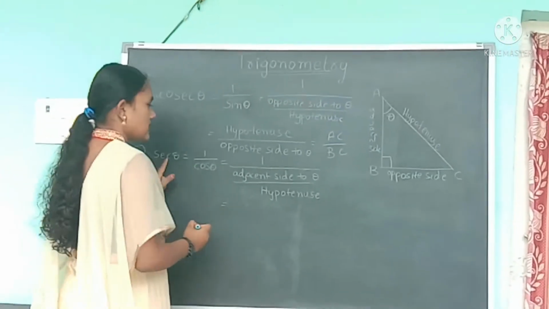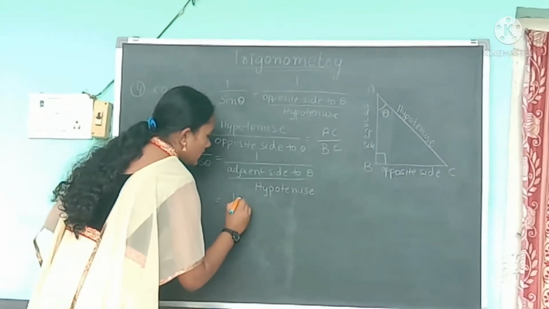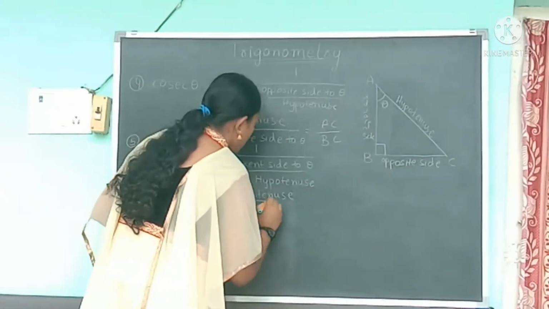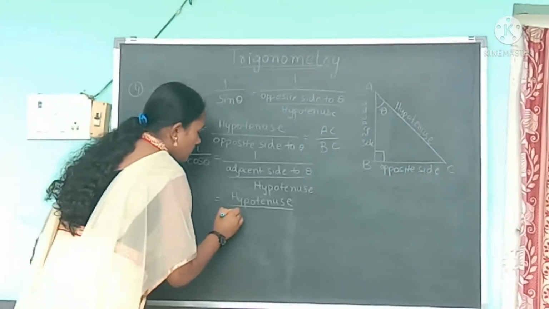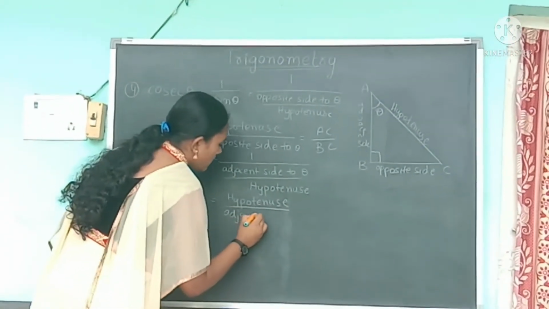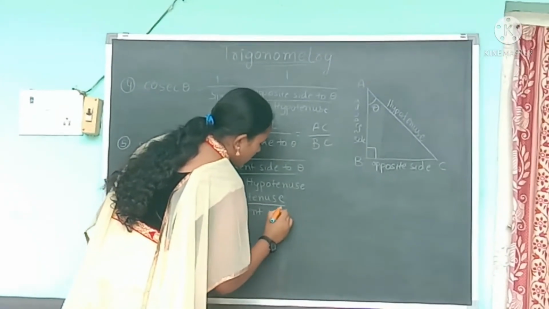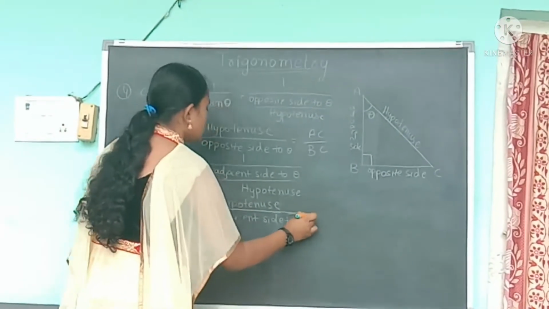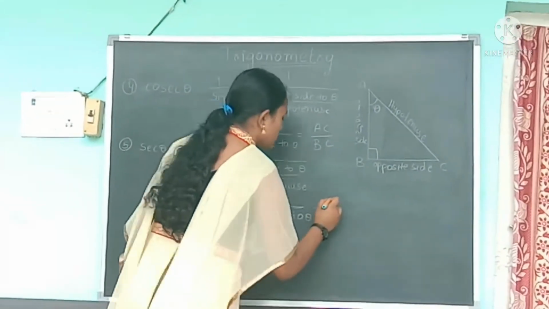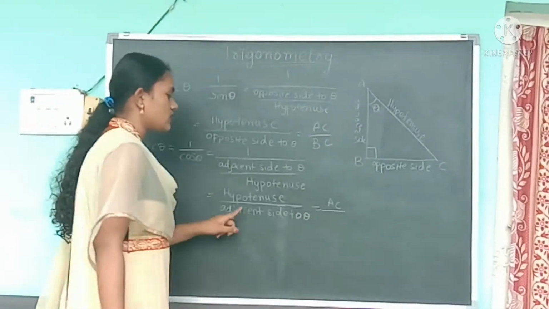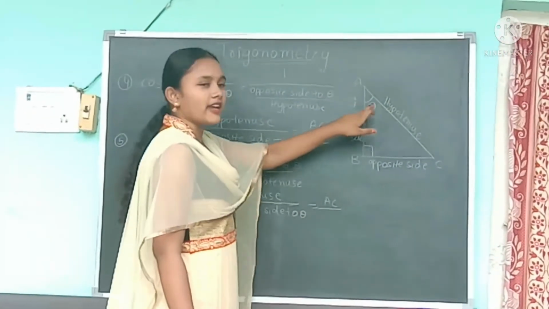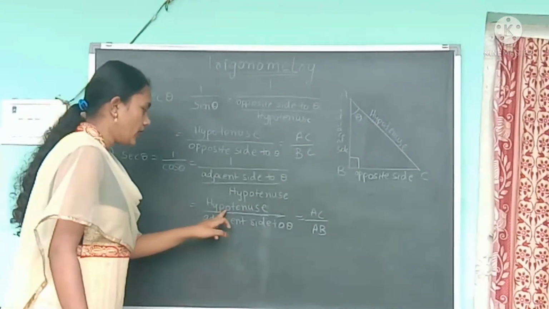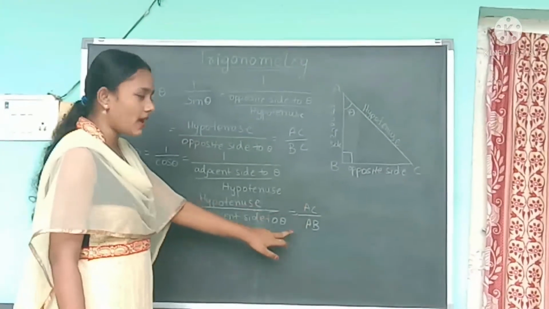So secant theta is equal to hypotenuse by the adjacent side to theta. AC is the hypotenuse and AB is the adjacent side to theta. So secant theta is AC by AB.